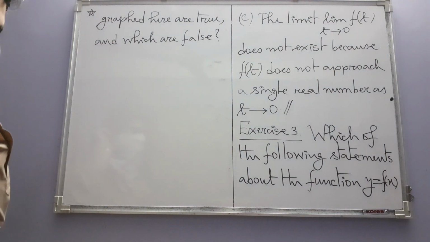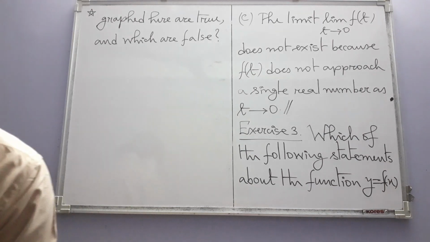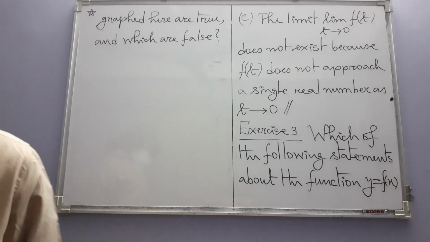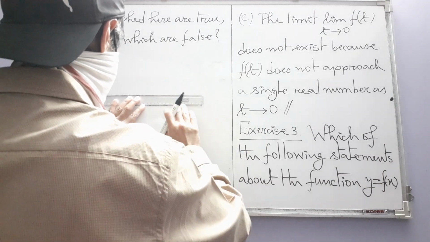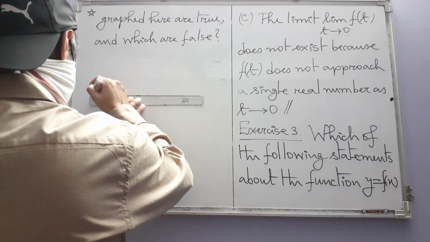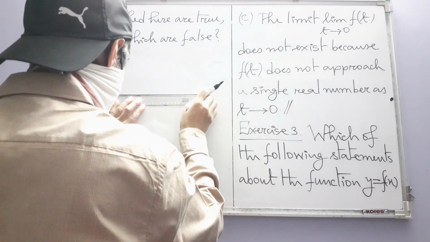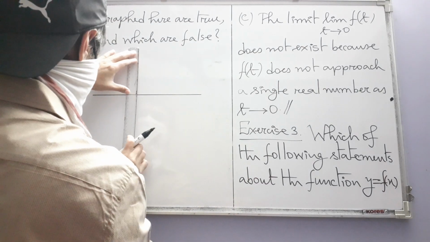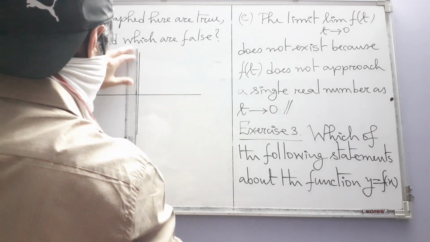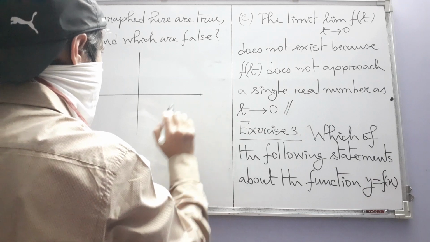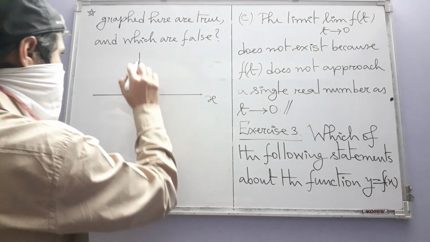Okay, so now we need the graph and then we will write the statements. So again another graph, and this time the domain is not the entire set of real numbers but a small part of it. Okay, so in this case y and x, usual variables.